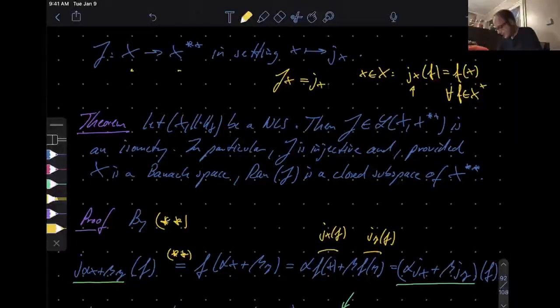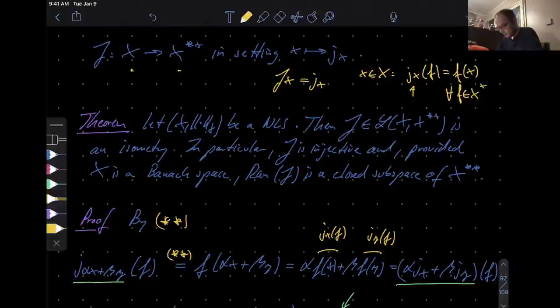Now we started gathering some properties of the canonical map. So first off, in general, if you have a normed linear space, then that capital J, the canonical map, is a bounded linear transformation, and moreover it preserves the norm, so it's an isometry. This we already proved.